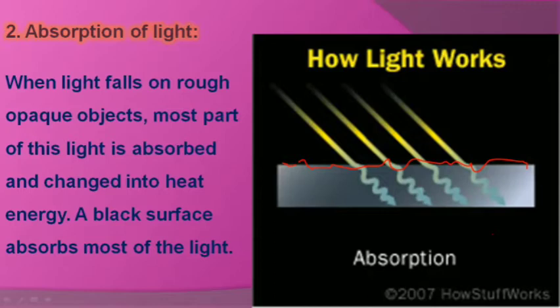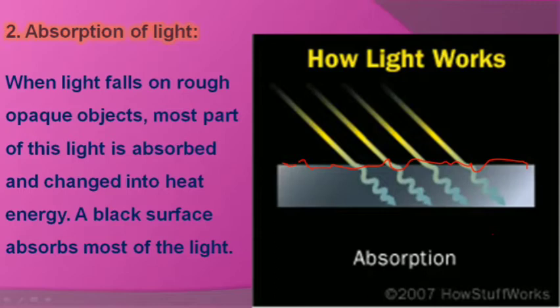That's why we skip dark color clothes in summer, because in summer we already have a hot environment outside, very hot, due to so much scorching heat and light of the sun. So we avoid wearing black and dark color clothes.